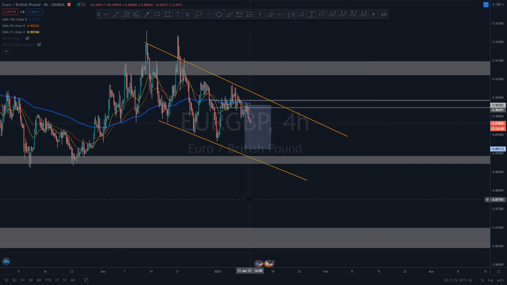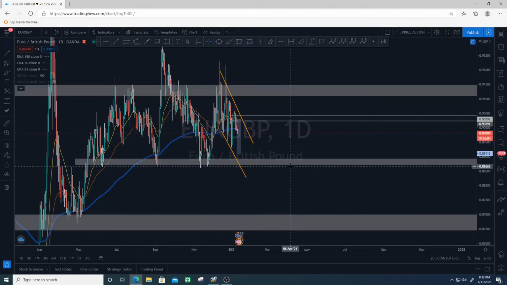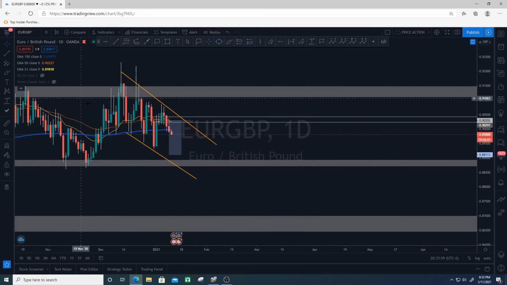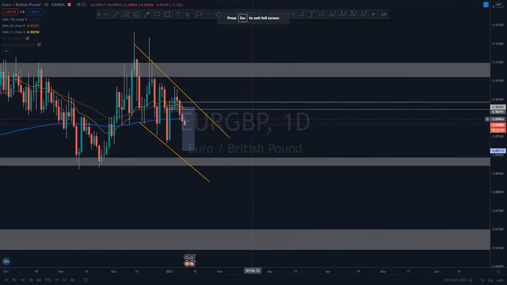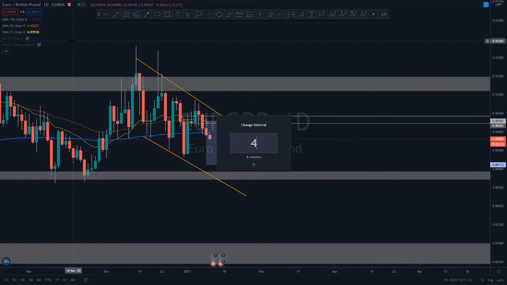I gotta back out because I don't know how to get the days on this. All right, daily, right? So identified the downtrend. Identified the trend. It's a downtrend, right? Go to the 4 hour.